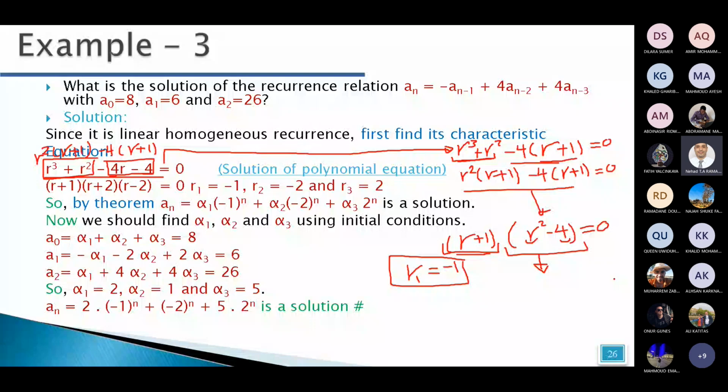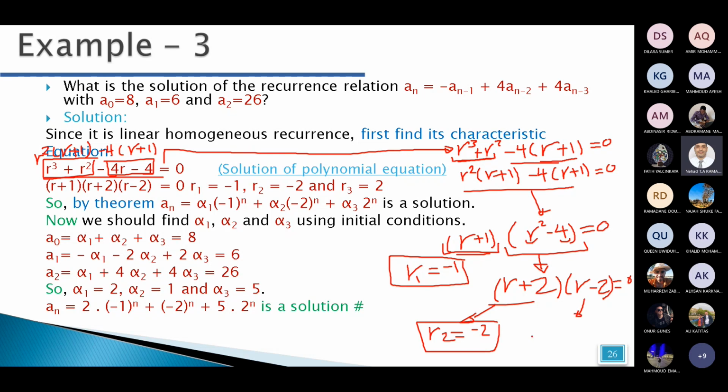Its solution is simply R plus 2, the root of the first one, multiplied by R minus 2, the root of the second one. It's equal 0. So from this, we have R2 equal minus 2, this is another solution.